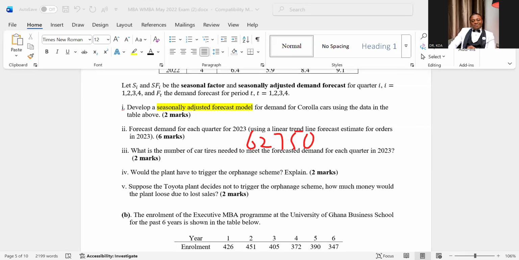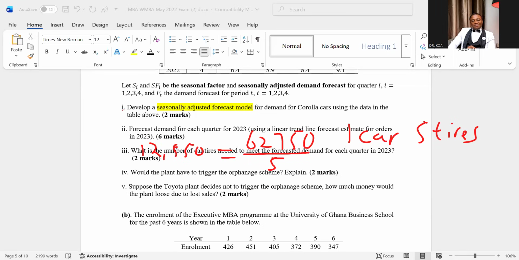Each car will need 5 ties. So how many cars? You just have to divide this number by 5, because each car needs 5 of these ties. And when you do this division, you get 12,550.